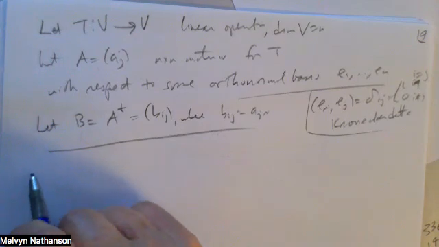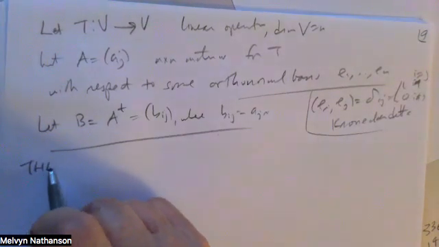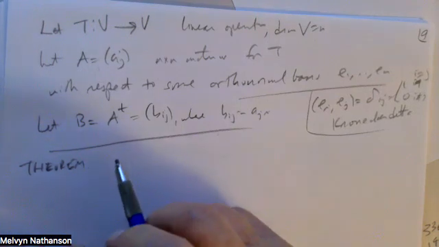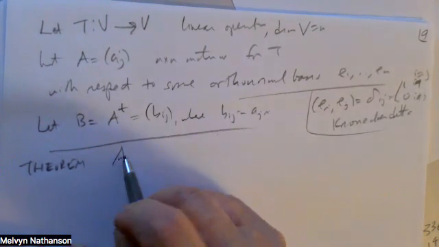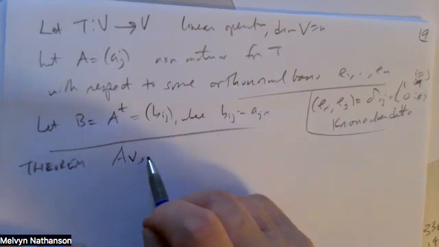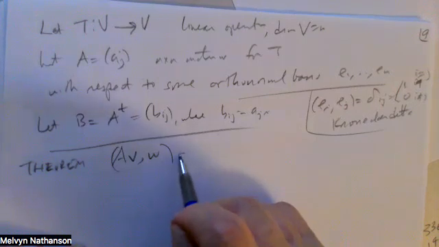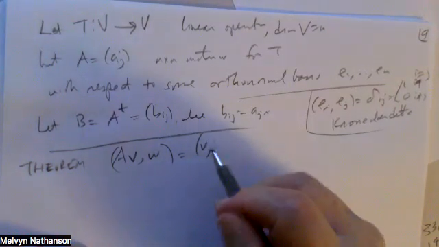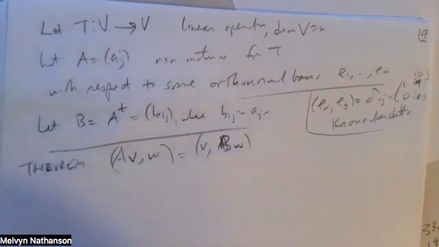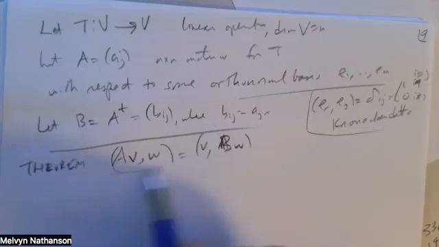And I claim, so this is a theorem, that A times any vector V, inner product with W, is the same as V inner product with B times W, or A transpose times W.